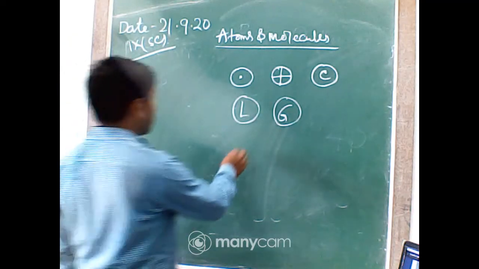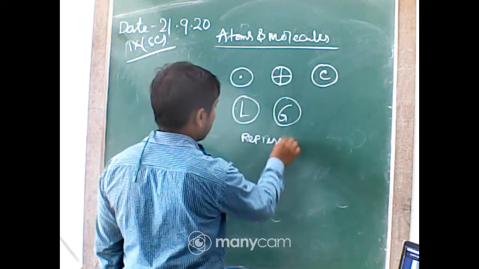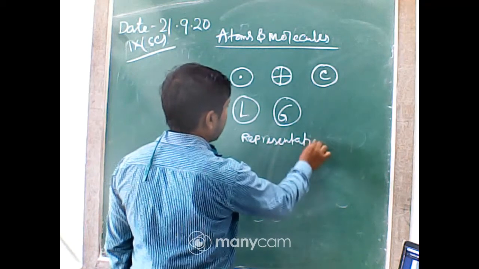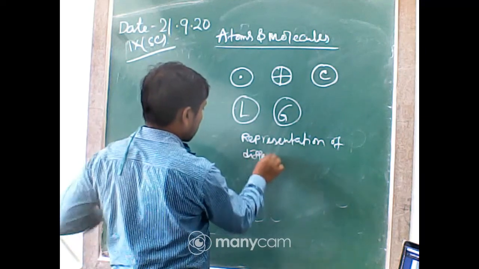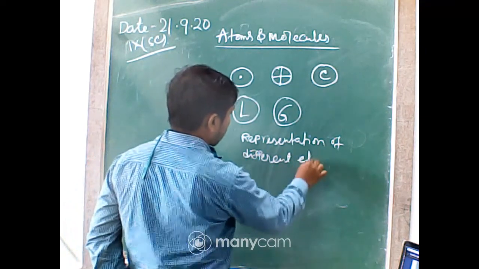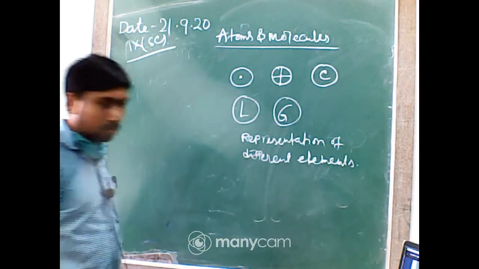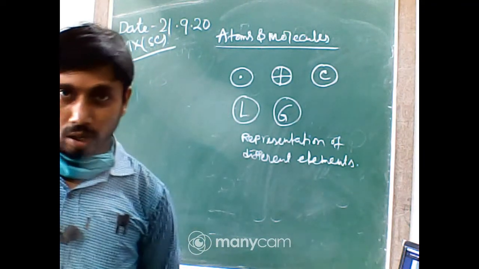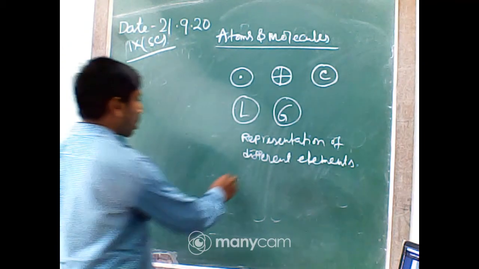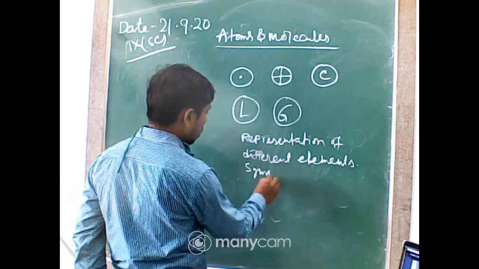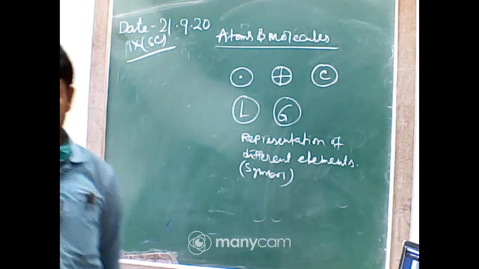So these are the representations of different elements. Now this is called the symbol, used to represent the elements. Clear?